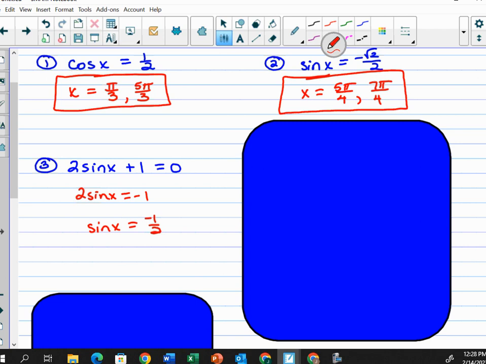Now it's back to like number 1 or 2. Where does sine equal negative 1/2? Good. Questions on that one? Okay. So far, so good?